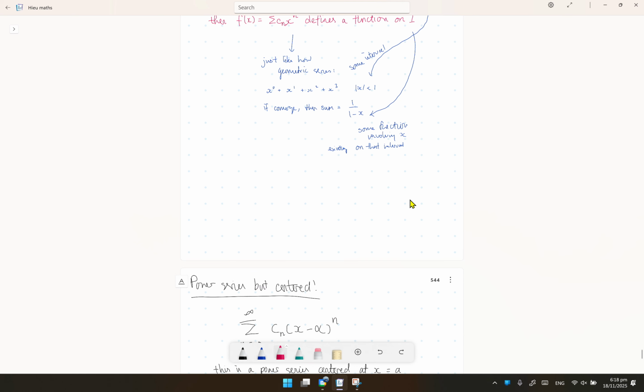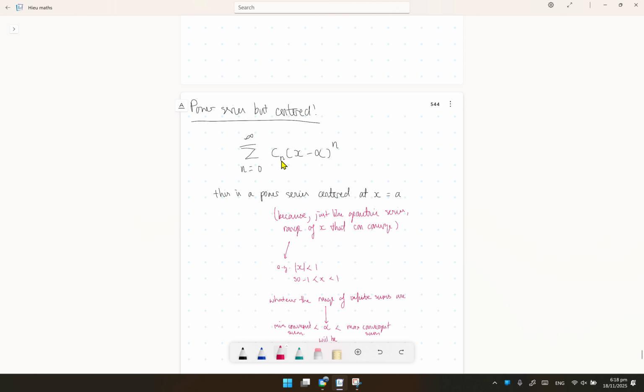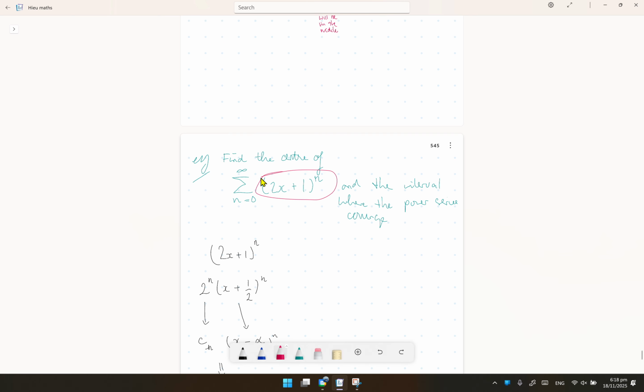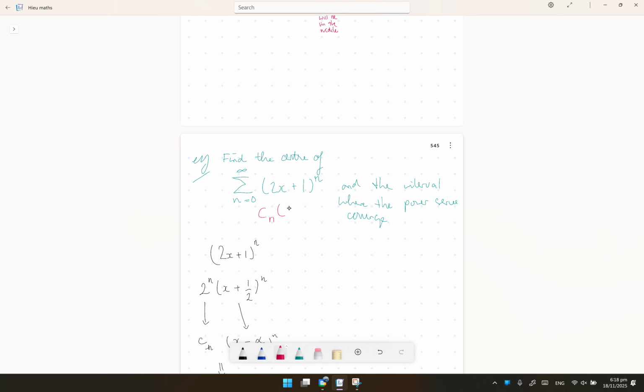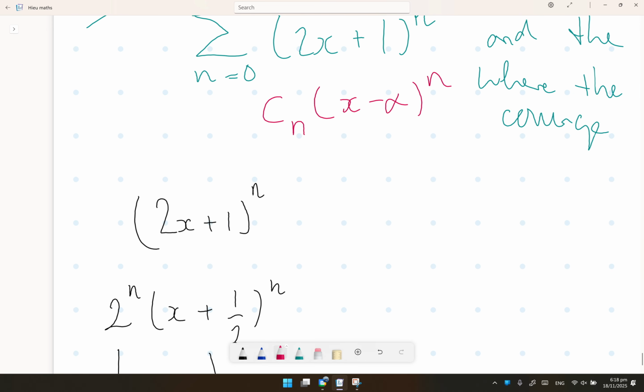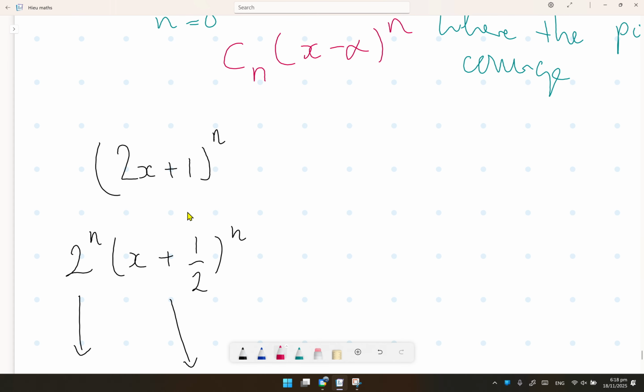So let's look back at the form that we're trying to work with. We're trying to get Cn multiplied by x minus alpha to the n. So we want to manipulate this to be in the same form of Cn multiplied by x minus alpha to the power of n, right? So how are we going to do that? Let's look at this. So we have 2x plus 1 to the n. Let's take 2 out of this equation.